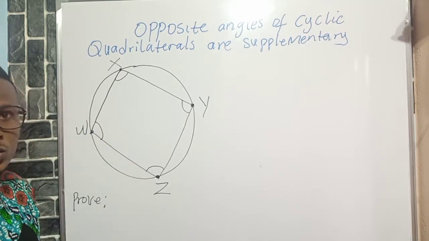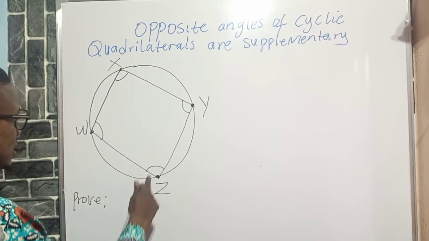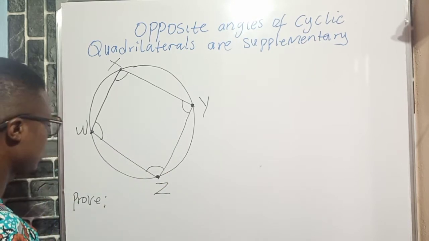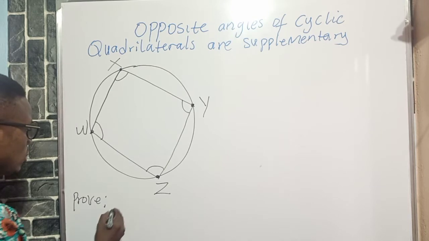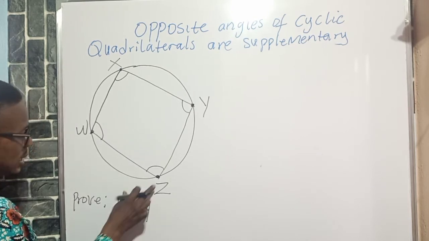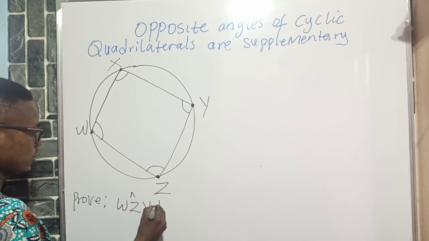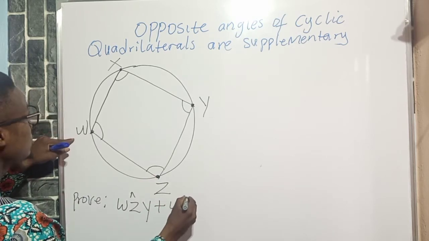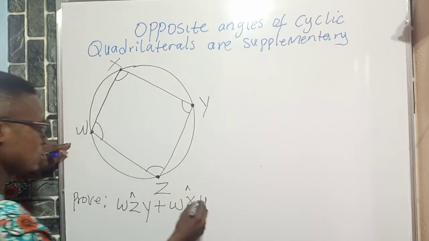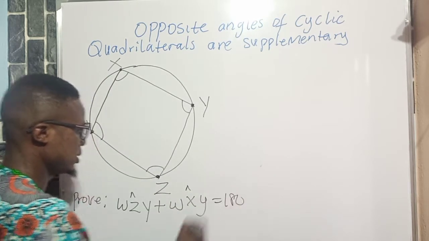At the end of the day, you will see that the opposite angles, facing each other in a cyclic quadrilateral, will give us the same thing. So you want to prove that angle WZY, that is angle Z, plus angle WXY, this angle, will give us 180 degrees.